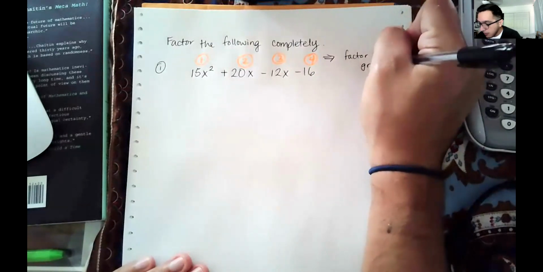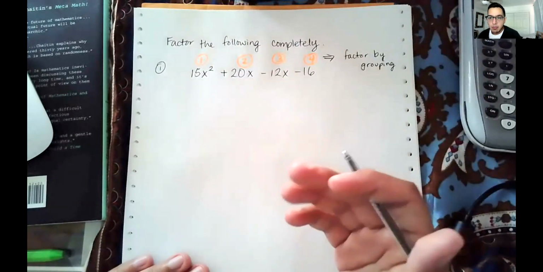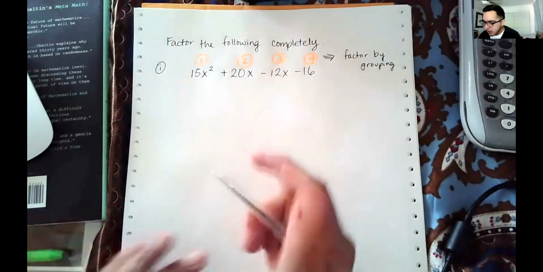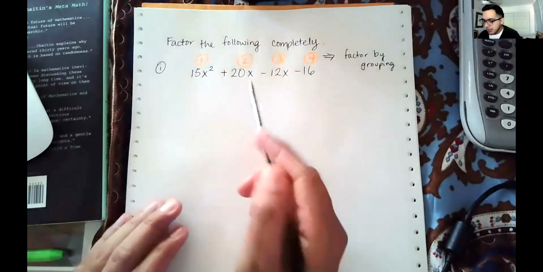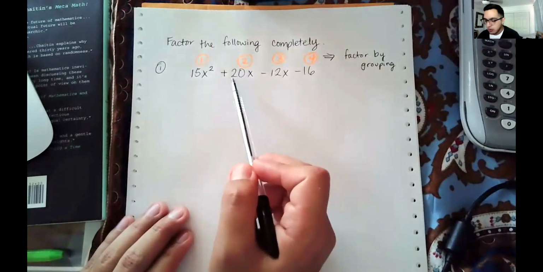So we don't want to combine like terms here because then we'll have a three-term problem and basically we'd be walking backwards. What we want to do is take a look at the first two terms by themselves and then, if we can, identify a greatest common factor to factor out of these first two terms.